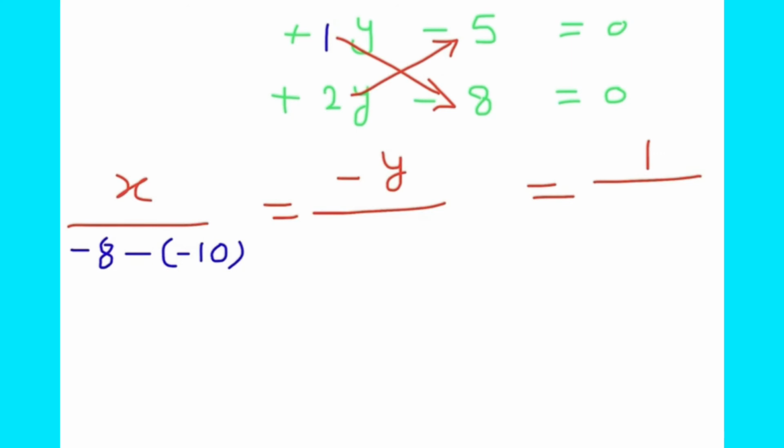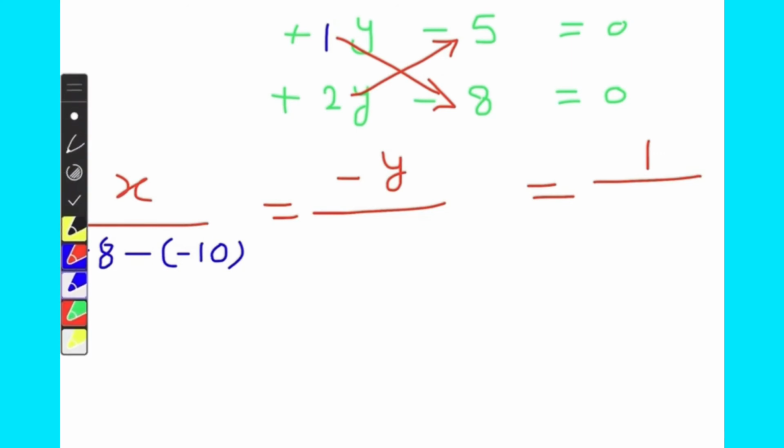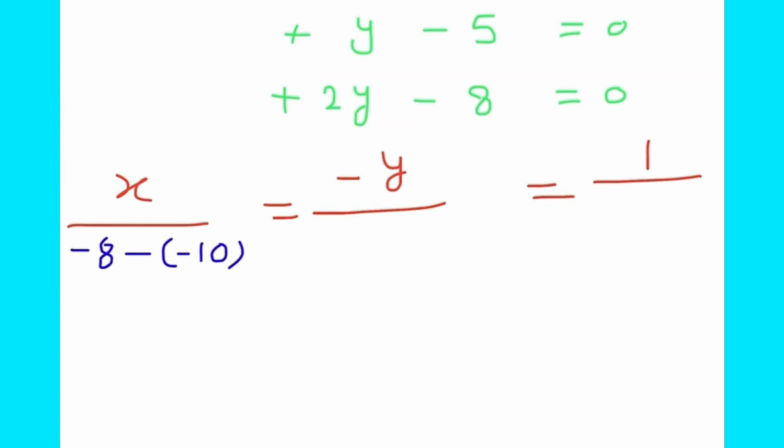And now for the value of x, this is complete. And now for the value of y, we want to write just the value under this y, that is in the denominator of y. So what to do?